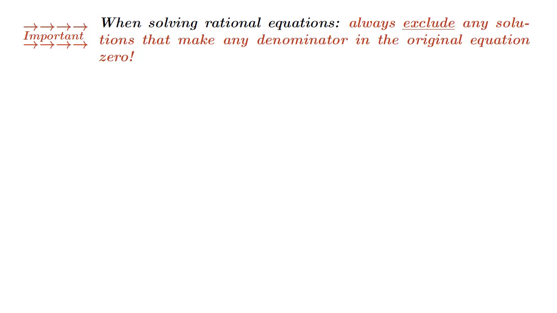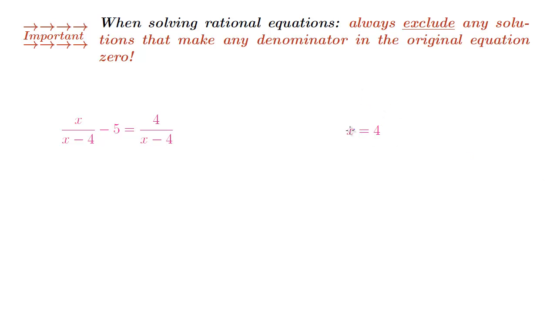So there's a very important conclusion to draw from the last example. When solving rational equations, you always have to exclude any solutions that make any denominator in the original equation 0. If you look back at our proposed solution, we solved the equation x over x minus 4 minus 5 equals 4 over x minus 4 and ended up with x equals 4.